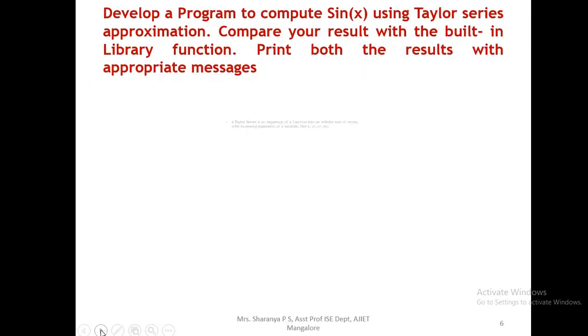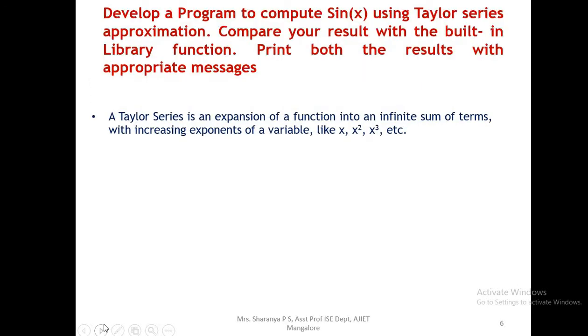Now if we look into the implementation here, before implementation, a few points with respect to this Taylor series. This is an expression of a function into an infinite sum of elements with increasing exponents of a variable like x, x square, x cube, like this. This is what we refer to as a Taylor series, and the sine of x Taylor series will be like sin of x equal to x minus x cube divided by 3 factorial plus x to the power of 5 divided by 5 factorial.